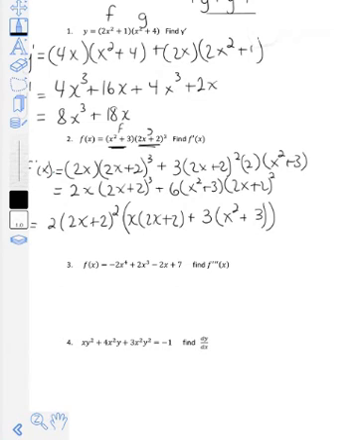Now, cleaning this up a little bit inside of there, this becomes 2x squared plus 2x plus 3x squared plus 9. So that's going to be 5x squared plus 2x plus 9.